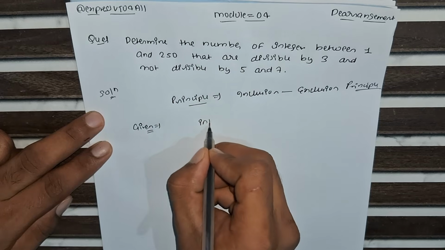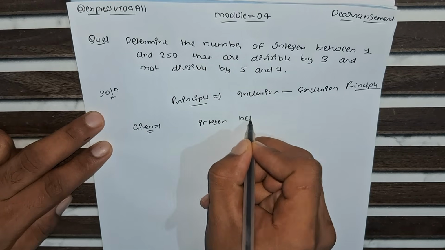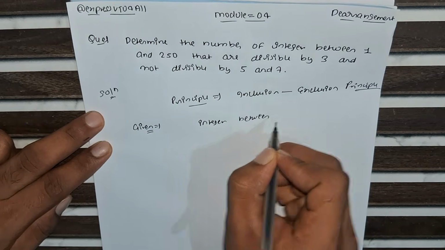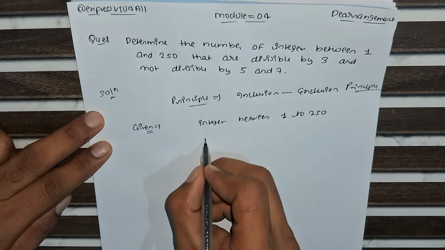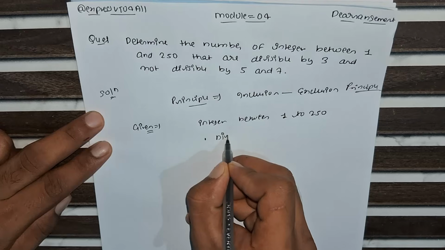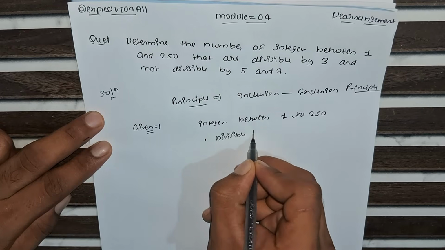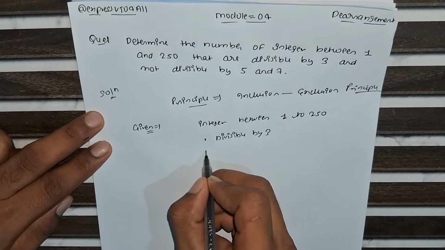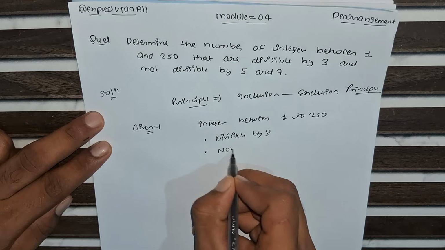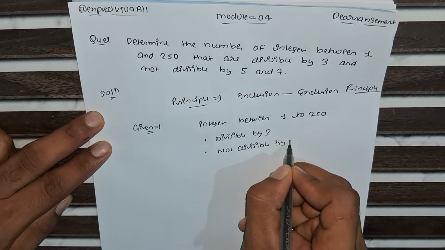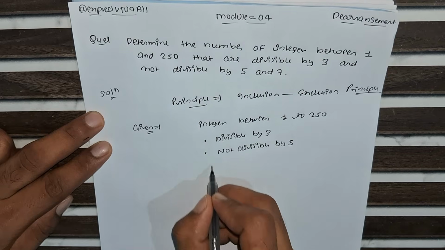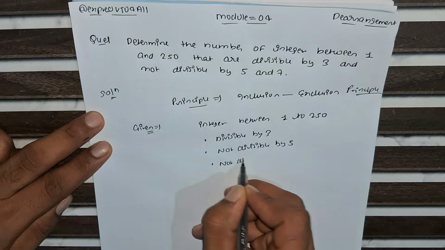Integers between 1 to 250. First one is divisible by 3. Second one is not divisible by 5, and third one is not divisible by 7.